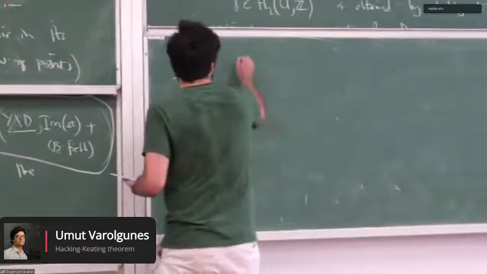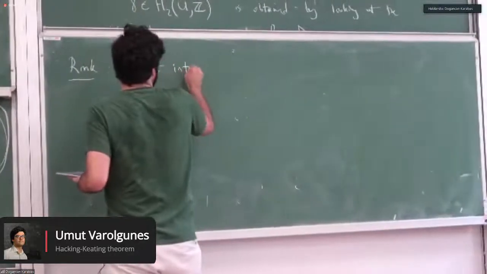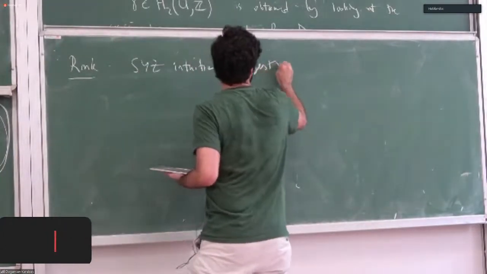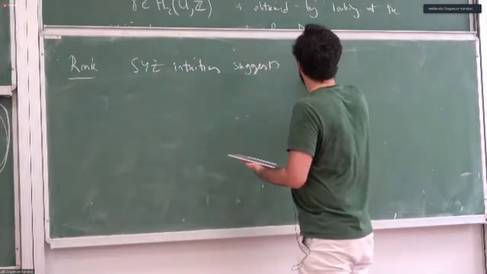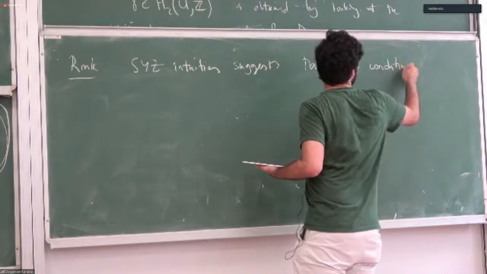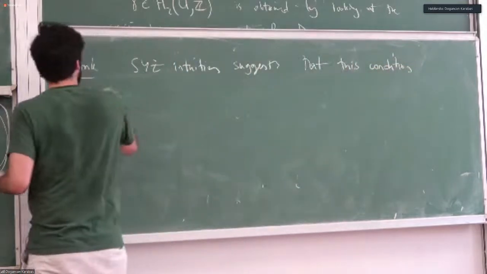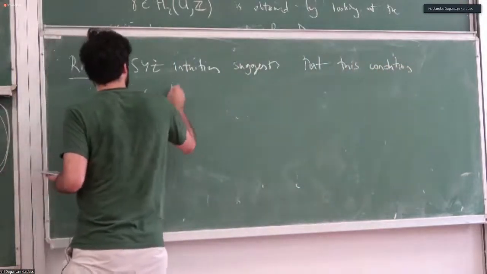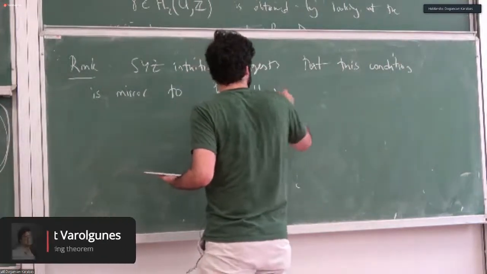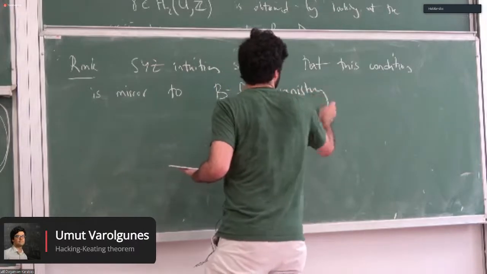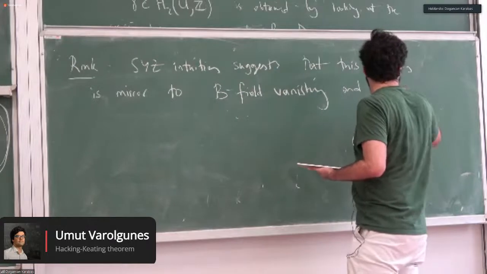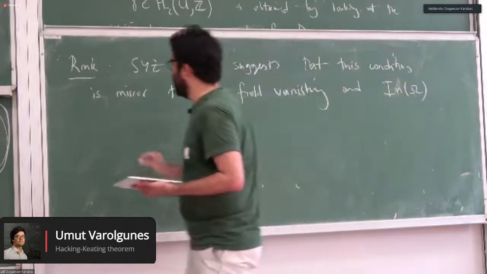So SYZ intuition suggests that this condition is mirror to B field vanishing, and imaginary part of omega being exact.